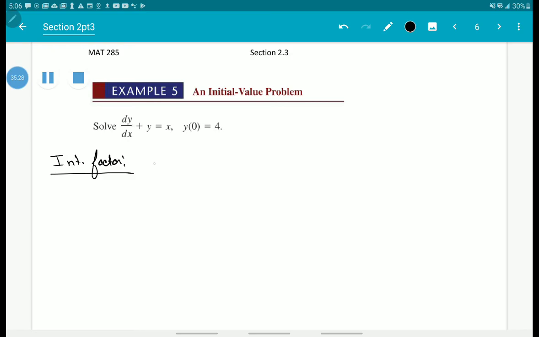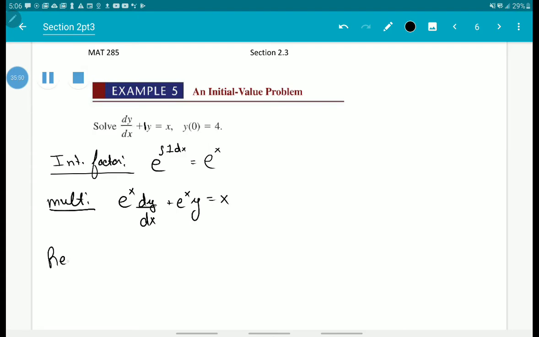So we're going to have e to the integral of 1, since that's our p of x dx, which is e to the x. Then we're going to multiply through. We're going to do our rewrite.